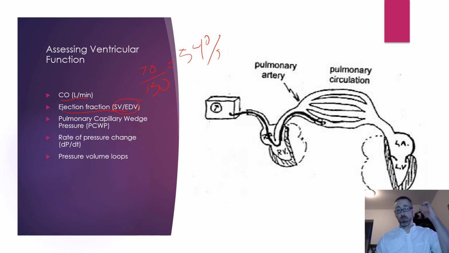Our normal is somewhere between 50 and 65%. It tells us how effectively the heart is able to contract for the volume that's there. So for example, if somebody's stroke volume were to go down and the end diastolic volume were to go up, you'd see the ejection fraction come down. Anything less than 50% could actually be pathologic.